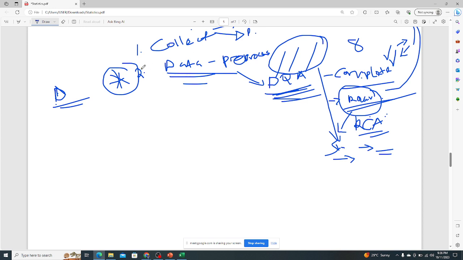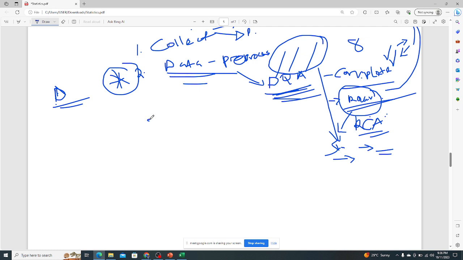Basically, this is the stage which takes time in data analysis, because you have to check, if we have dates, are all the dates in the same format? There is a lot of work in this stage.